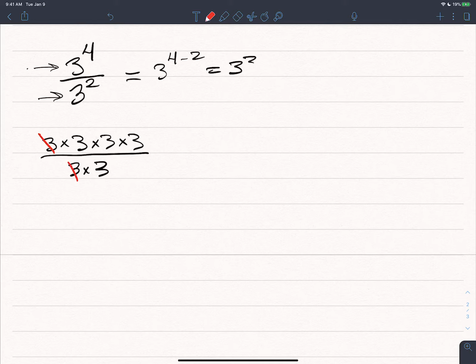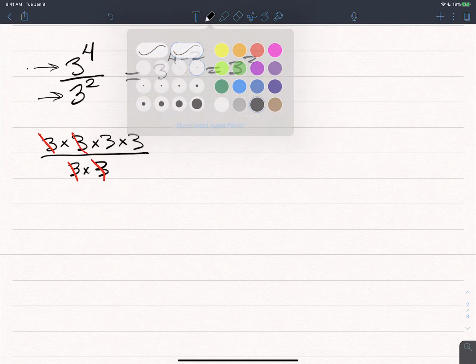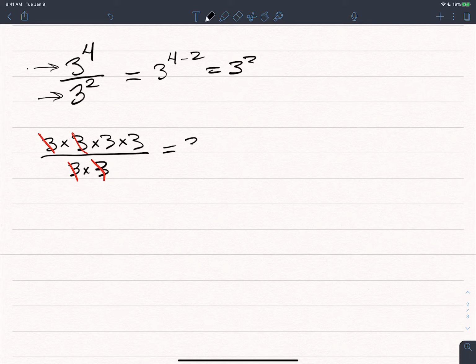This 3 cancels with this 3, and this 3 cancels with this 3. We're left with 3 times 3, which is 3 squared. So we get the same thing. When we have the same base and we're dividing, we can subtract the exponents, and that gives us the correct answer. That's the quotient rule.